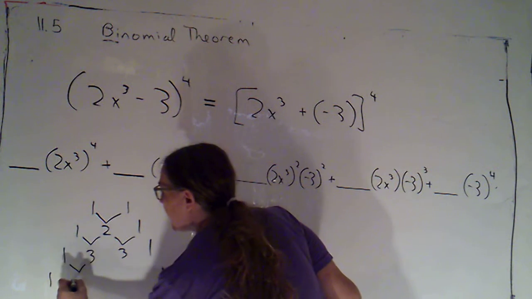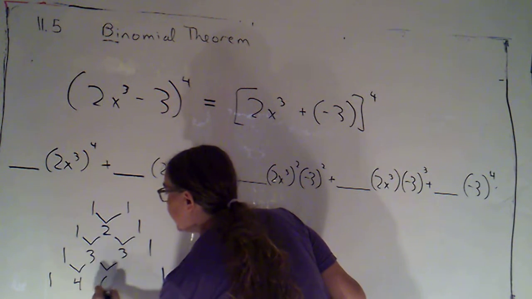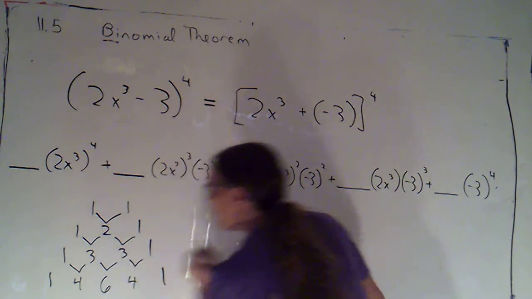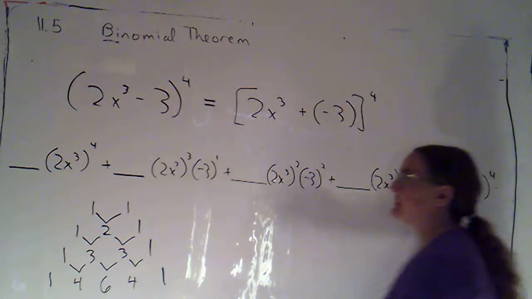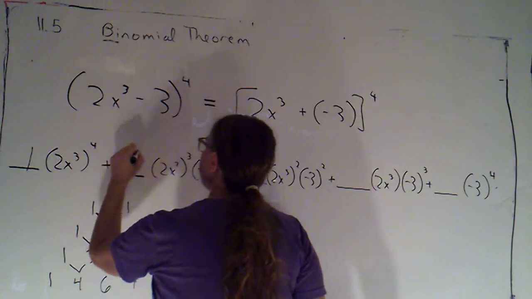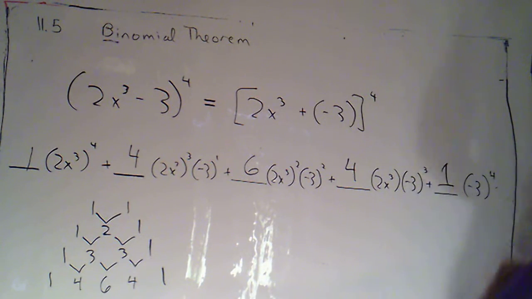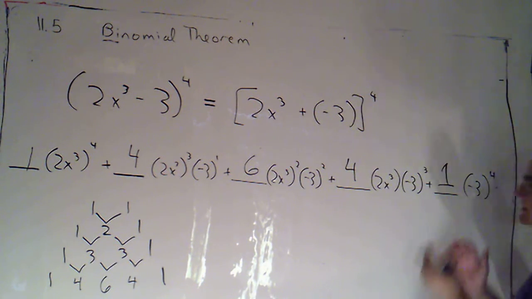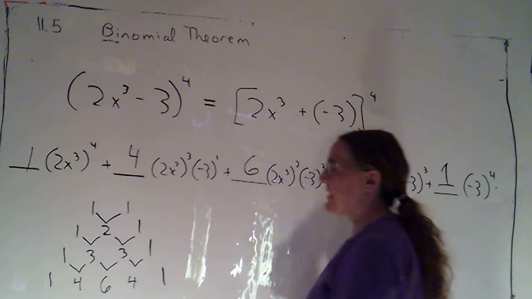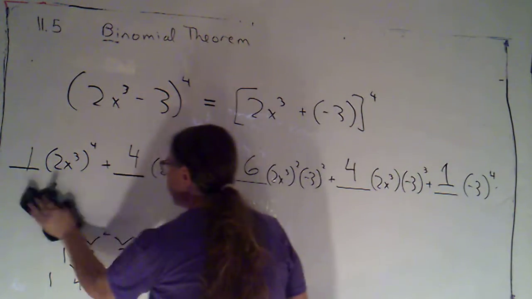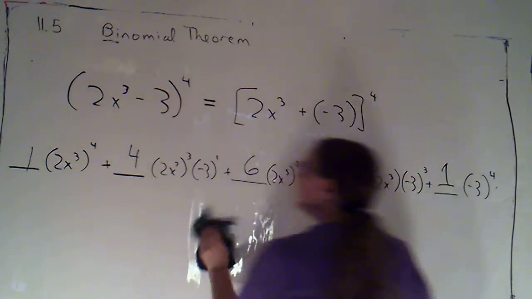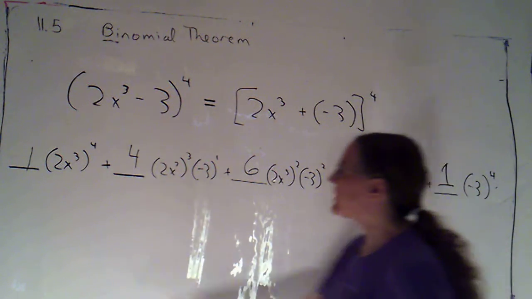So that's going to be 1, 4, 6, 4, 1. Excellent. Okay. I'm going to erase Pascal's triangle because now I want to simplify each of these terms.